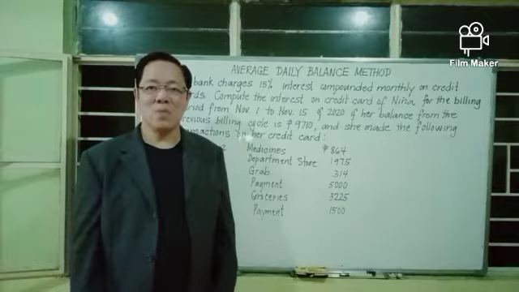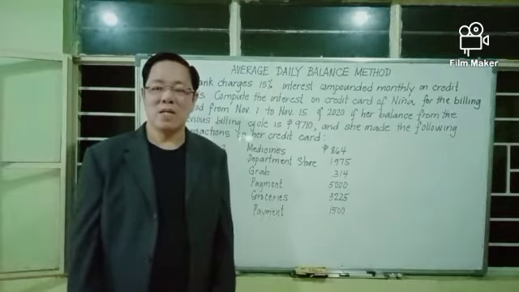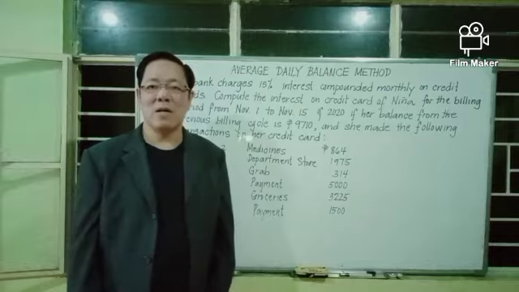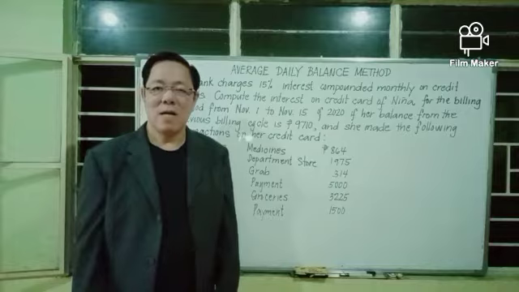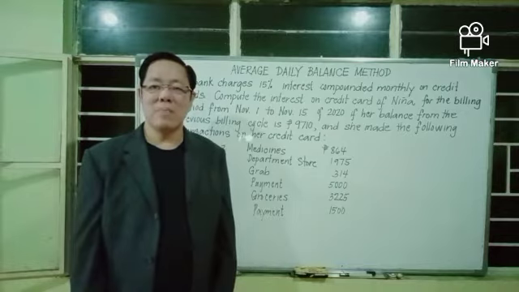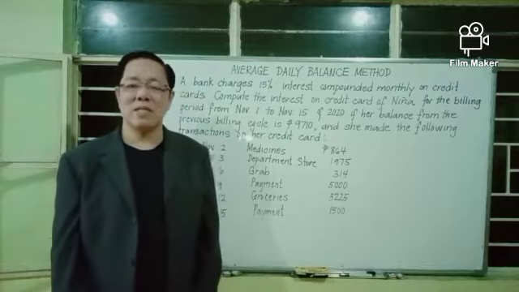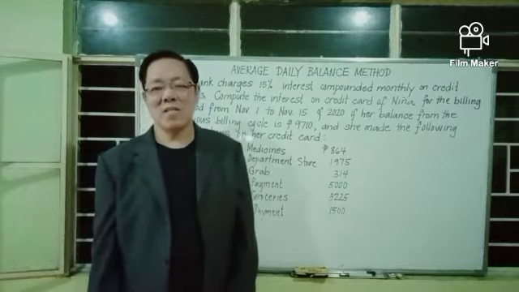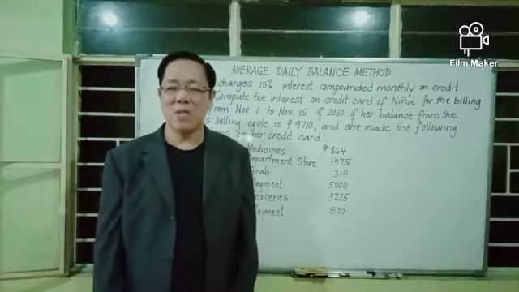The next column would be the charges on the credit card. If she uses her credit card, the payment will be charged on her credit card. The next column would be the payment if she made a payment to the bank to reduce her balance. And the last column would be the current balance on her credit card at the end of each day.